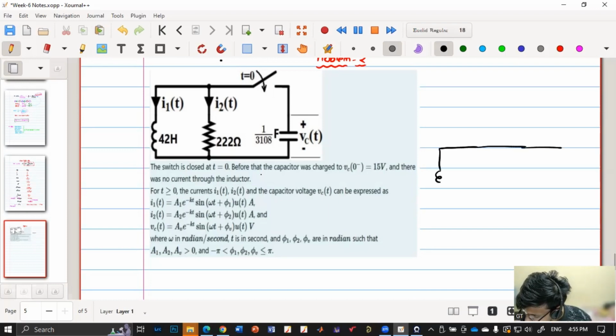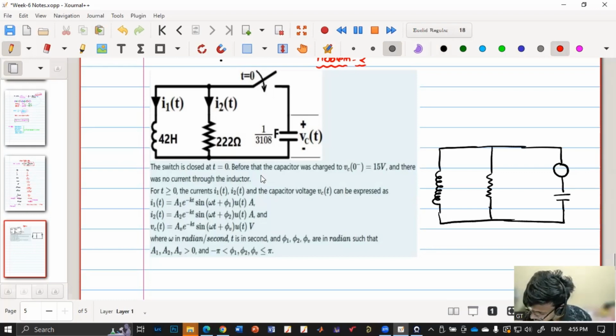Here we have the inductor, here we have the resistor, here we have the initial condition for the capacitor, and then the capacitor itself. So this is 42s and this is 222. And what is the capacitor? 1 by Cs, right? So what is the value?